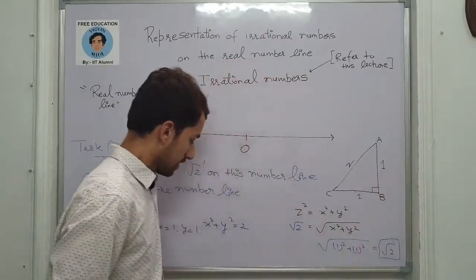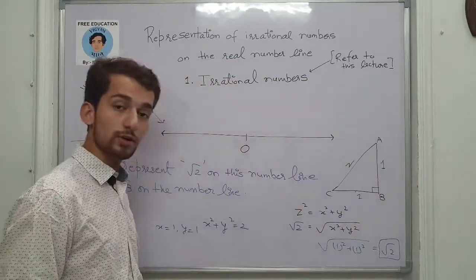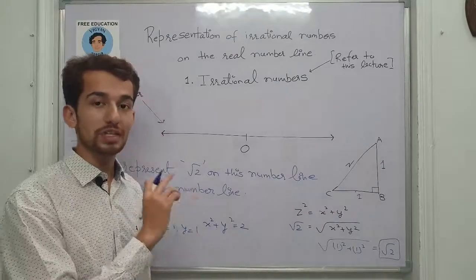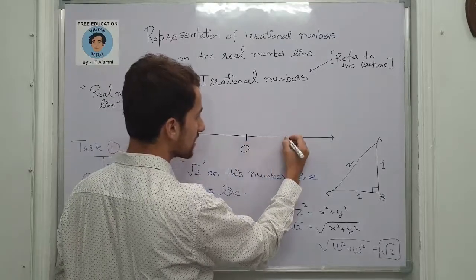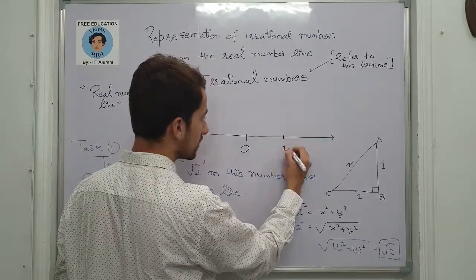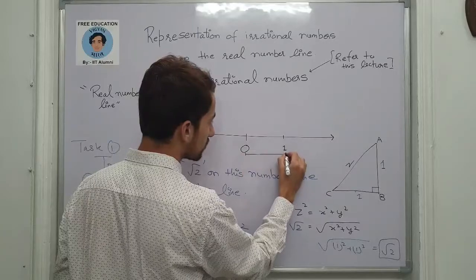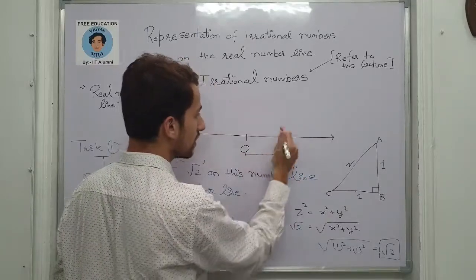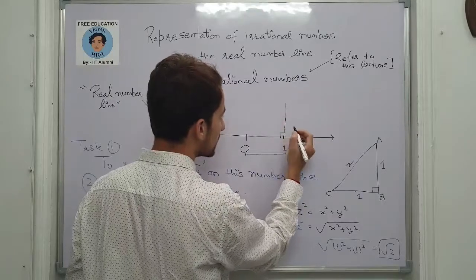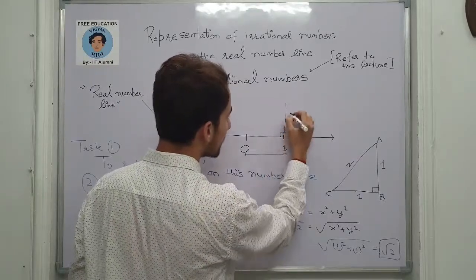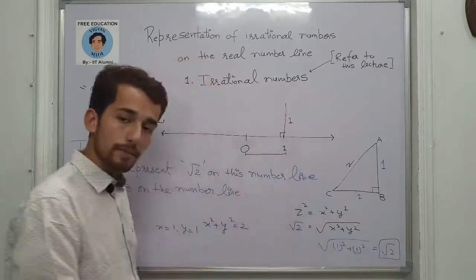Now how am I going to use the Pythagoras theorem to represent root 2 on the number line? Try to understand it properly. Fix the length from 0 to 1, which is 1. Now I draw a perpendicular, a 90-degree angle, and again take this length to be 1.